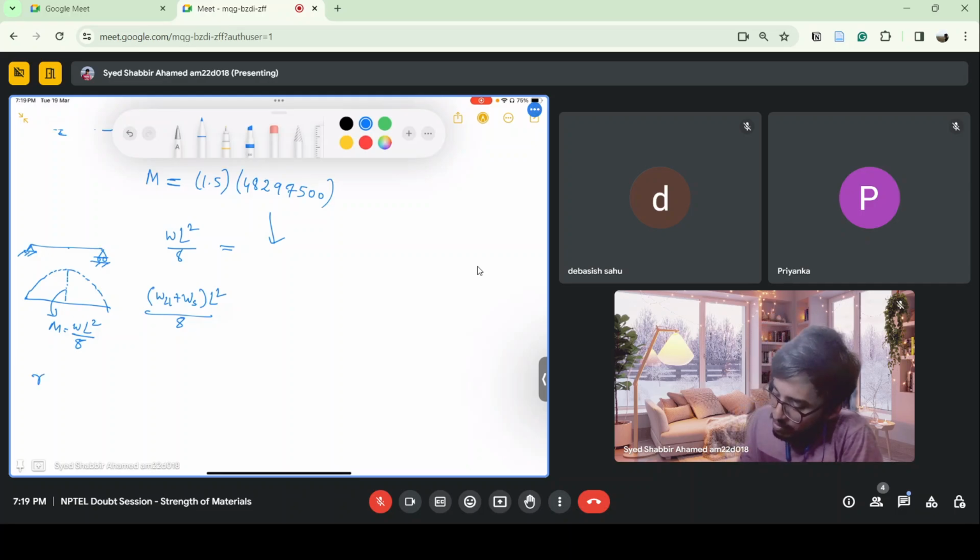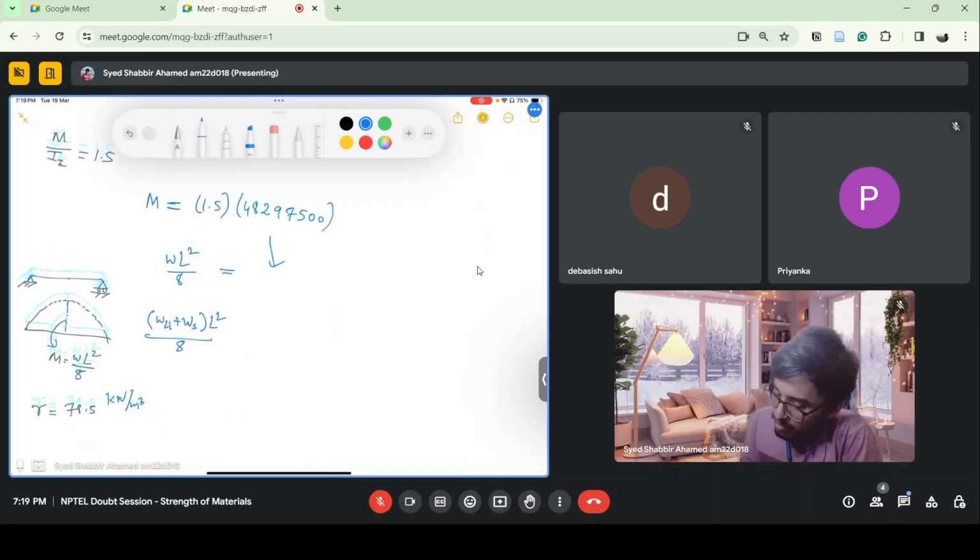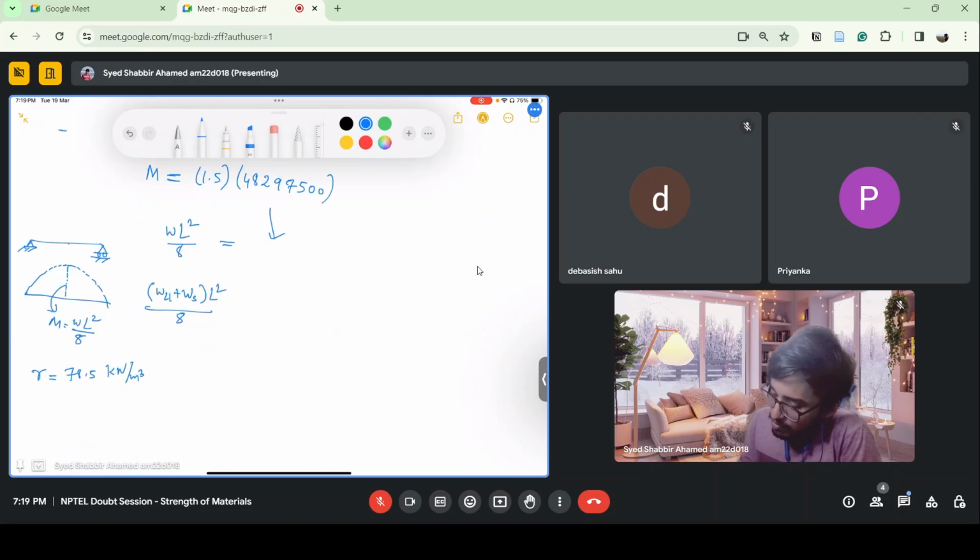Gamma is given as 78.5 kilonewton per meter cube, right? And from this, I want to calculate the self weight Ws, which is given by weight per unit volume into the area of cross section.